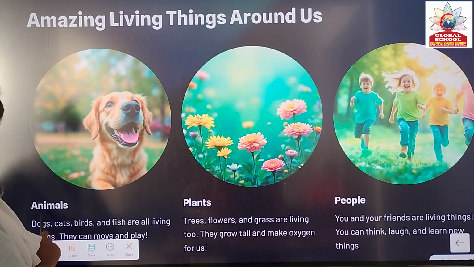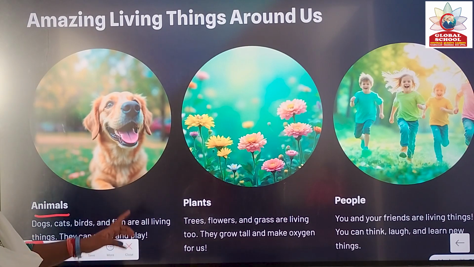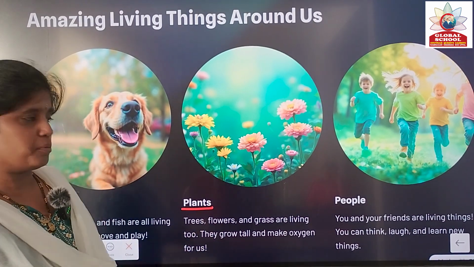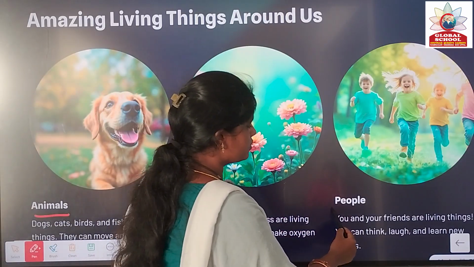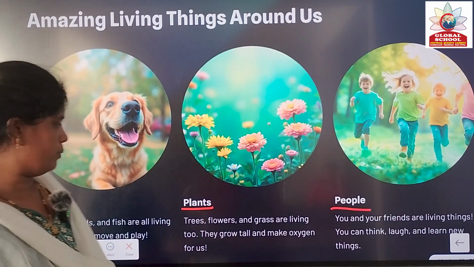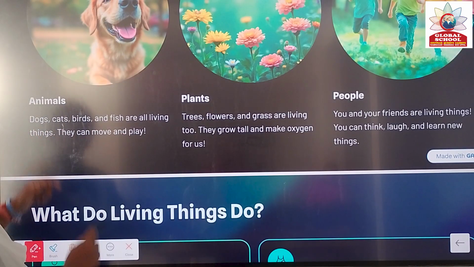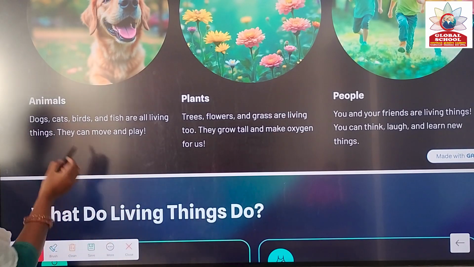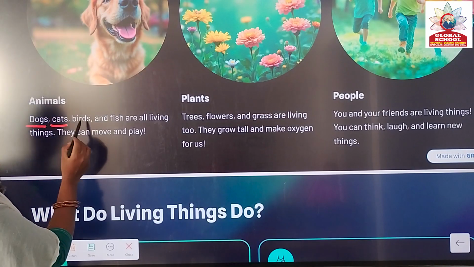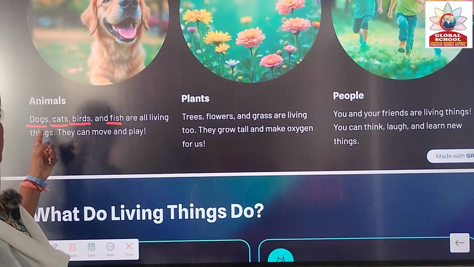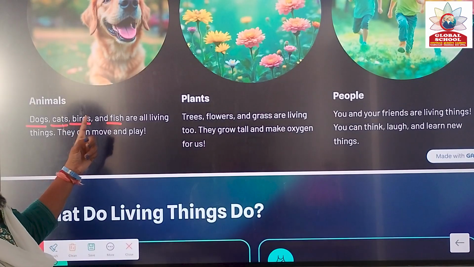Next one, plants. And here, the people. Here are a few more examples of animals: dogs, cats, birds and fish.